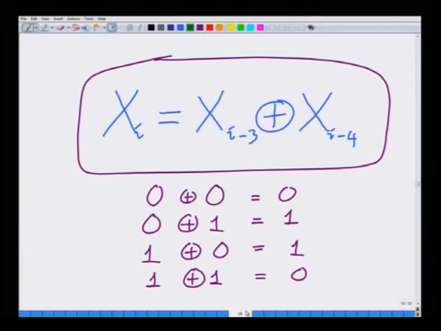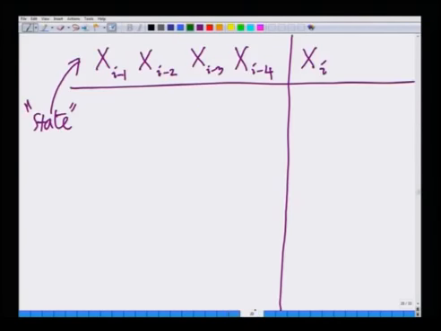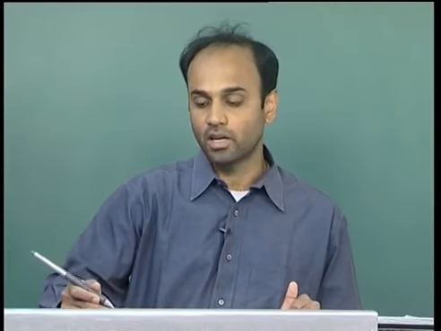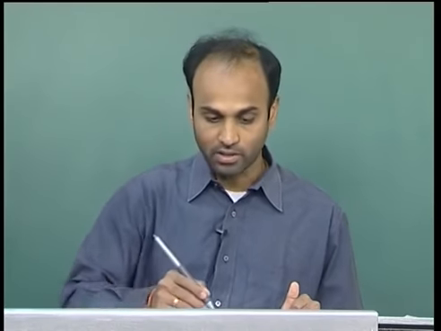The defining equation of this feedback register or LFSR is xi equals xi minus 3 XOR xi minus 4, and we were about to tabulate the different states and outputs of this linear feedback shift register.